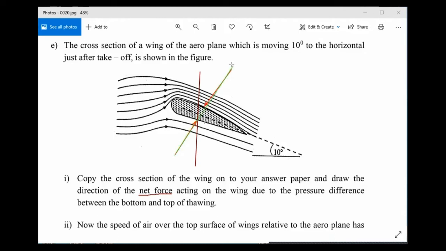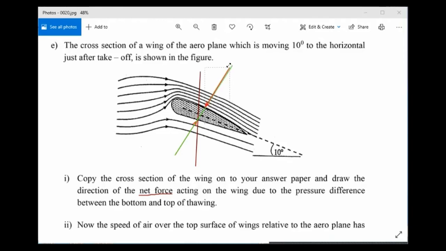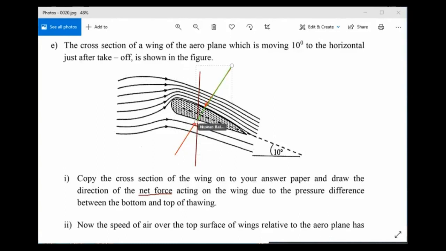The two forces should be acting along the same straight line like this.